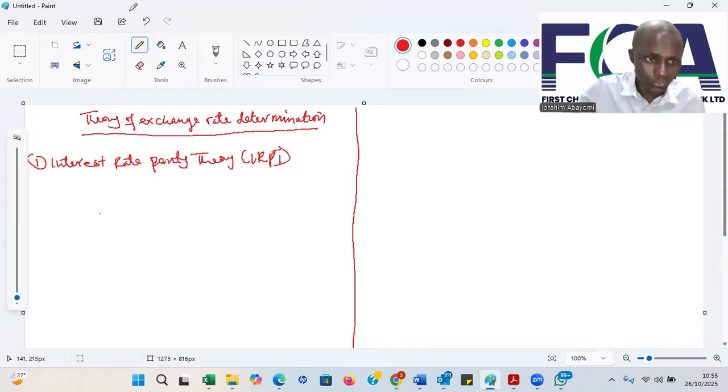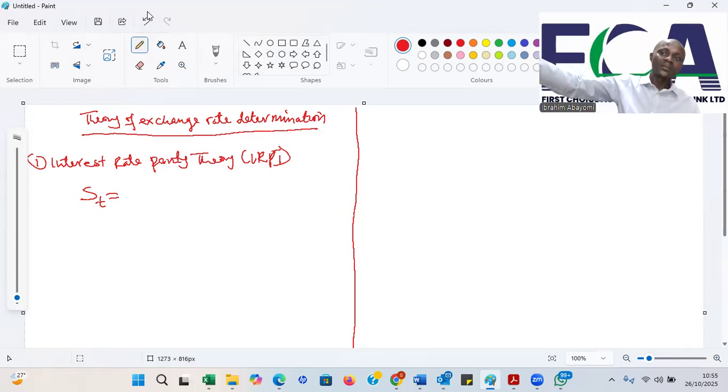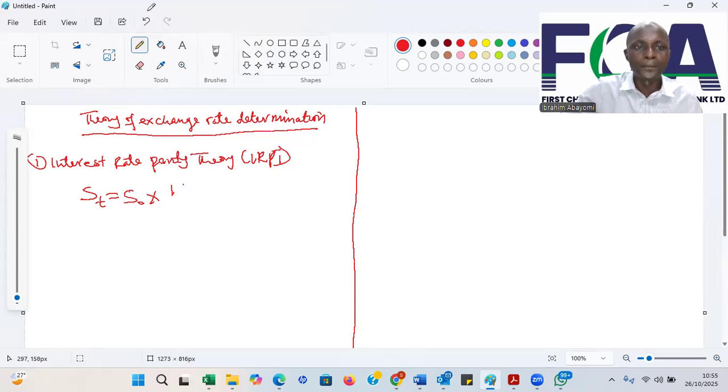Now, you don't have to struggle to understand this. What this is saying is that spot rate at time t, that is rate of exchange at a particular period in the future, is the current exchange rate as of today, that is today's spot rate, multiplied by 1 plus IA over 1 plus IB.